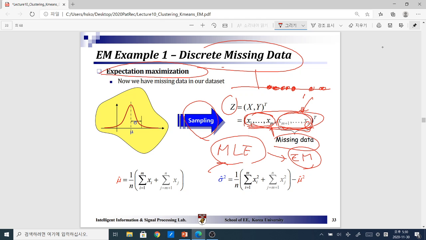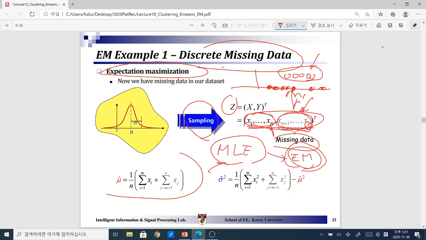So let's say we have 5 more samples, but we don't know exactly the position of these samples. So with that, by going through the expectation maximization, what we want to do is to establish where the mean, the location of the estimated parameter, would be.